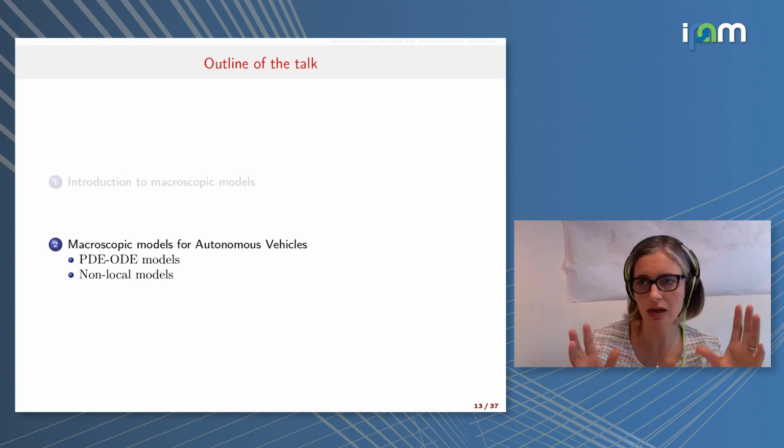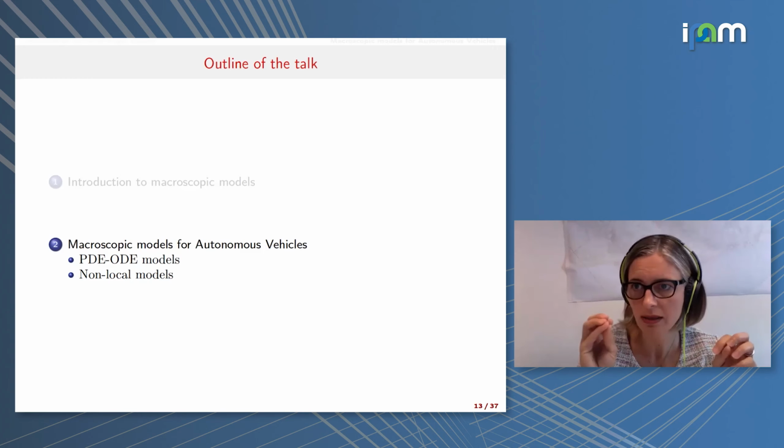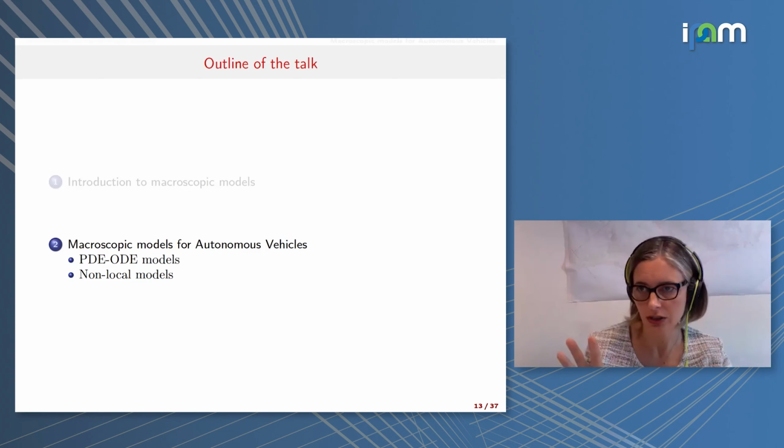I will distinguish two cases. One case in which we are interested in a few autonomous vehicles in traffic mainly made up of human-driven vehicles. So we will focus on the presence of one autonomous vehicle in the traffic.